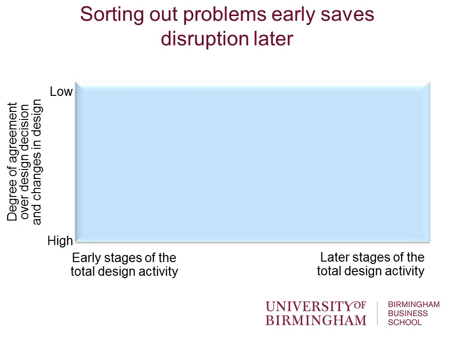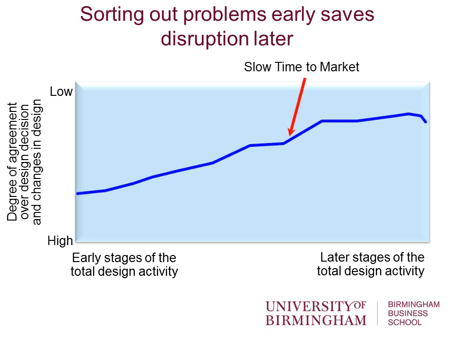Sorting out problems early saves disruption later, and here's a little model which tries to show that. So we have a slow time to market. On the x-axis we have early stages of the total design activity and later stages of the total design activity, so time basically. And then on the y-axis what we have is the degree of agreement over the design decision and changes in design, which is high at the bottom and low at the top.